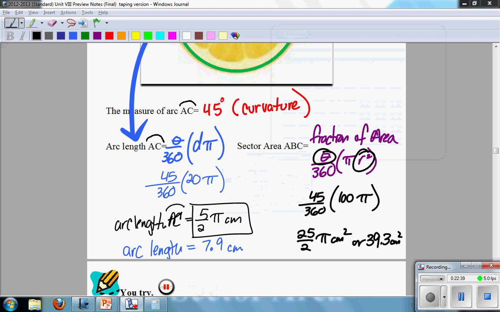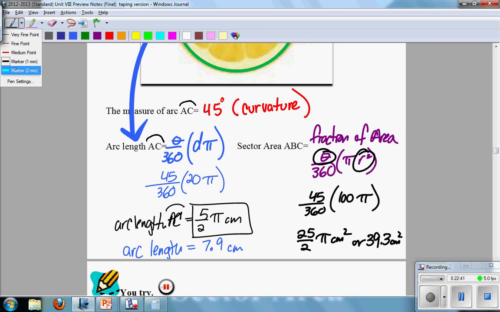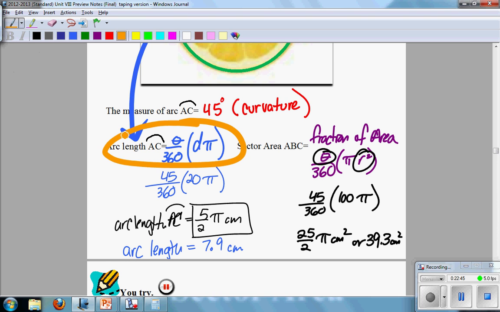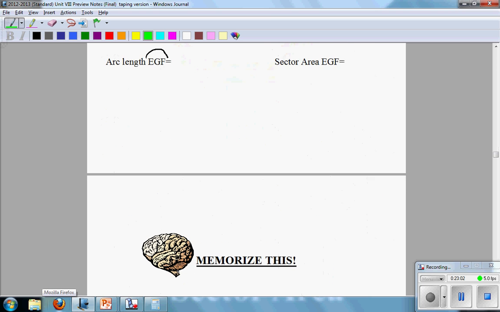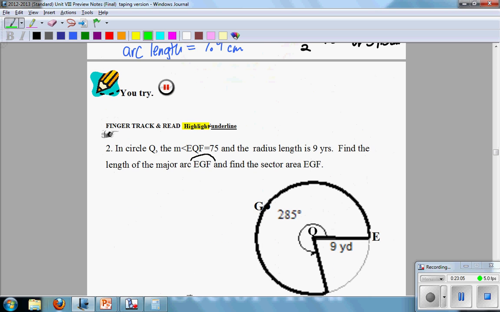Okay, so to recap here, to find arc length, it is a fraction of the circumference. To find sector area, it is a fraction of the area. Now what I'd like you to do, this is an incredibly similar problem.